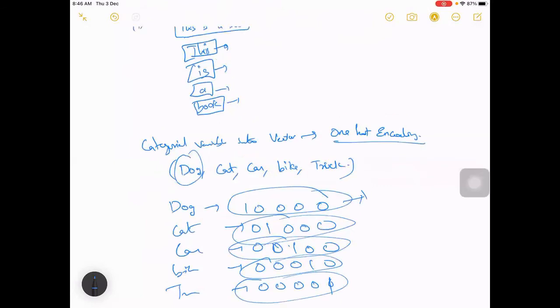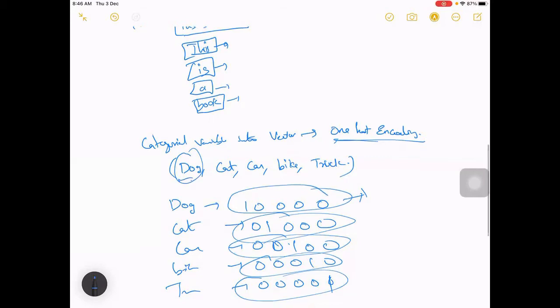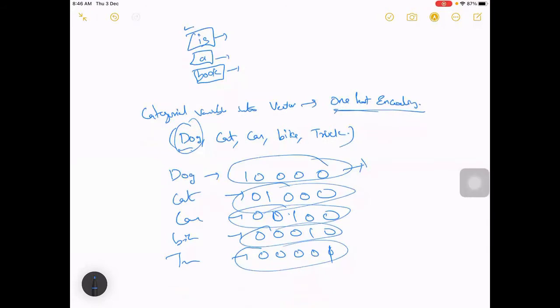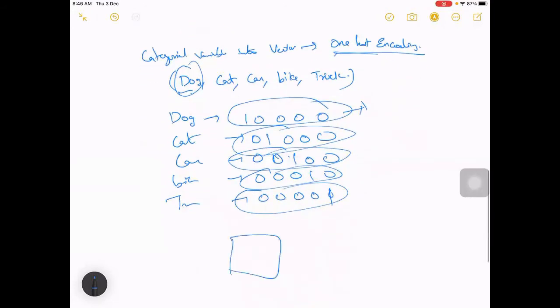If we have to classify something into car or dog, we can't do it directly. So what we did is give a position to that class name or word, and with that we created a vector. This vector is used for further computation. Let's say you have a model in which you want to classify something as dog.